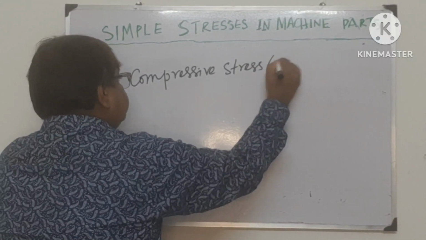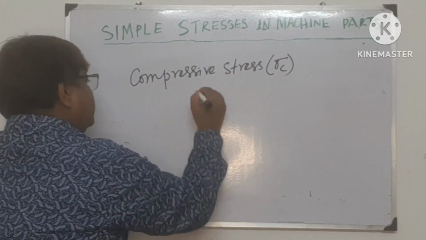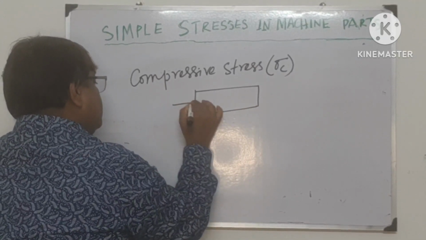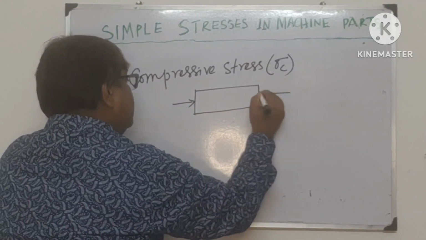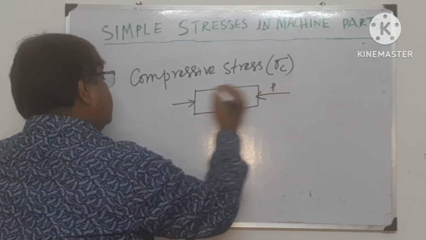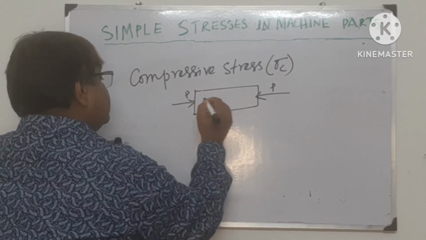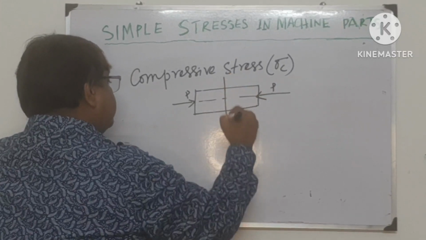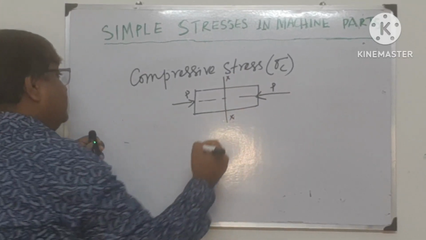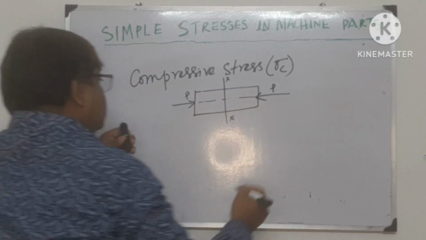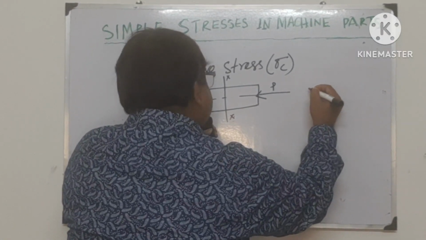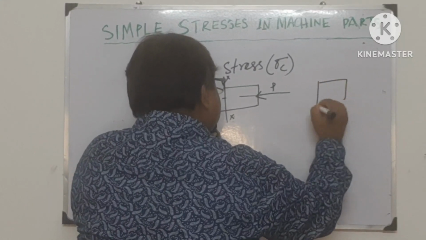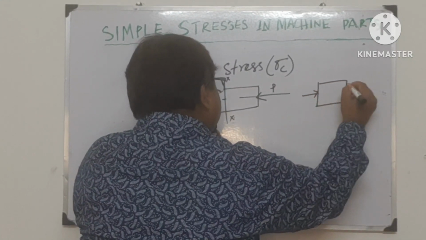So when a body is subjected to two equal and opposite axial forces or pushes, then compressive stress is induced in the body.